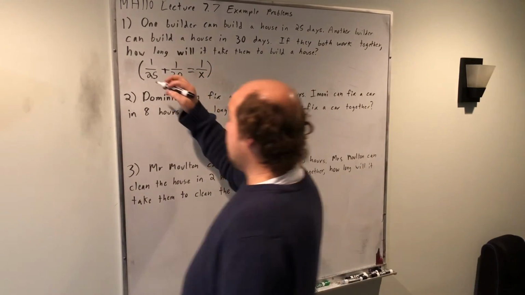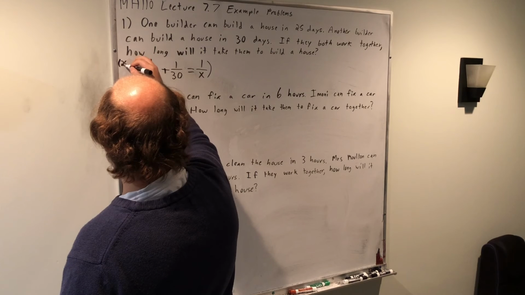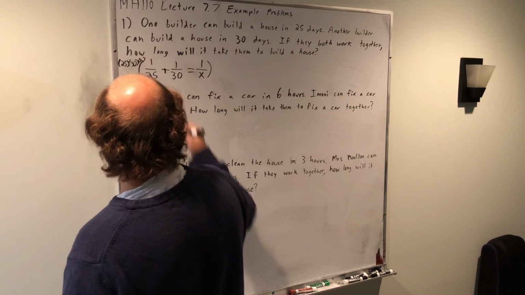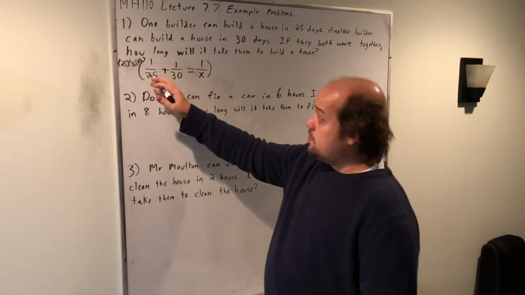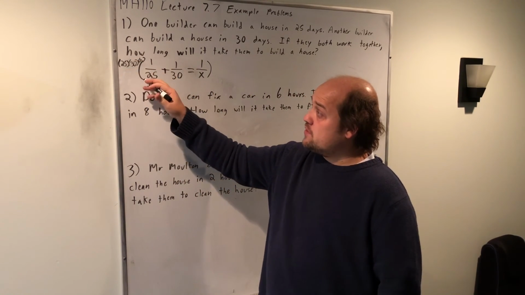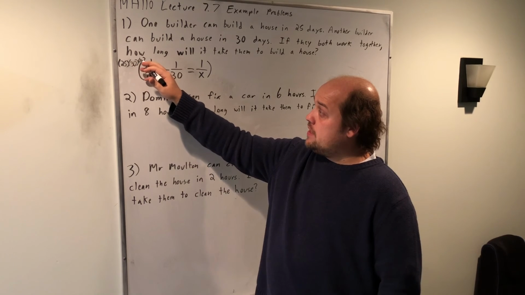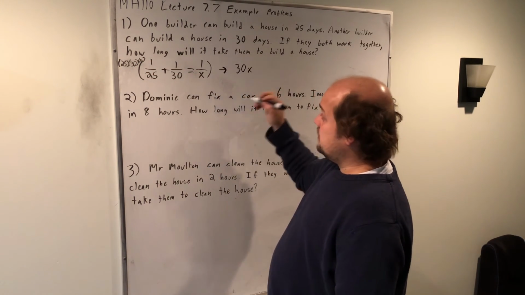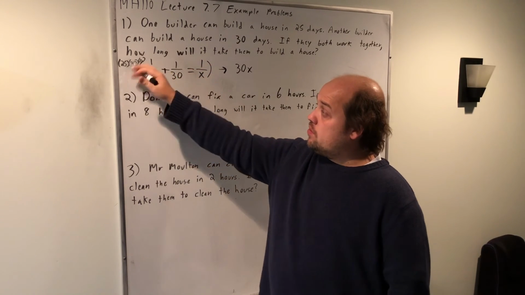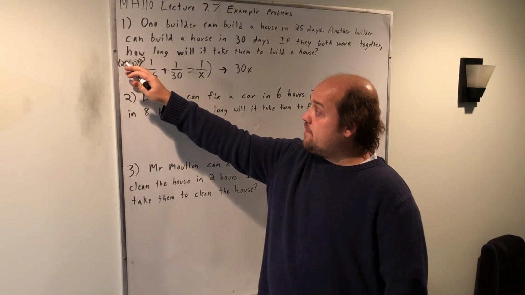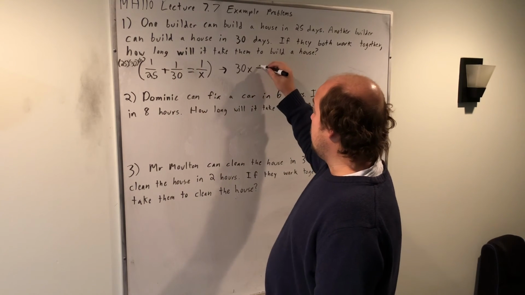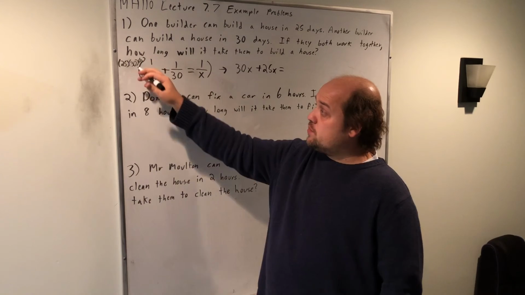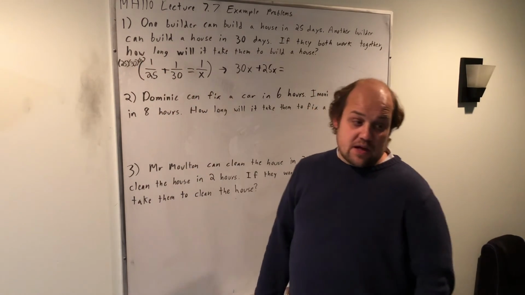So essentially, I want to multiply by 25 times 30 times X. When I multiply by the first term, the 25s will go away and leave me with 30 times X times 1, which will just give me 30X. For the 1/30, the 30s will reduce, and I'll just be left with 25 times X times 1, or plus 25X. On the right-hand side, the X will reduce and leave me with 25 times 30.